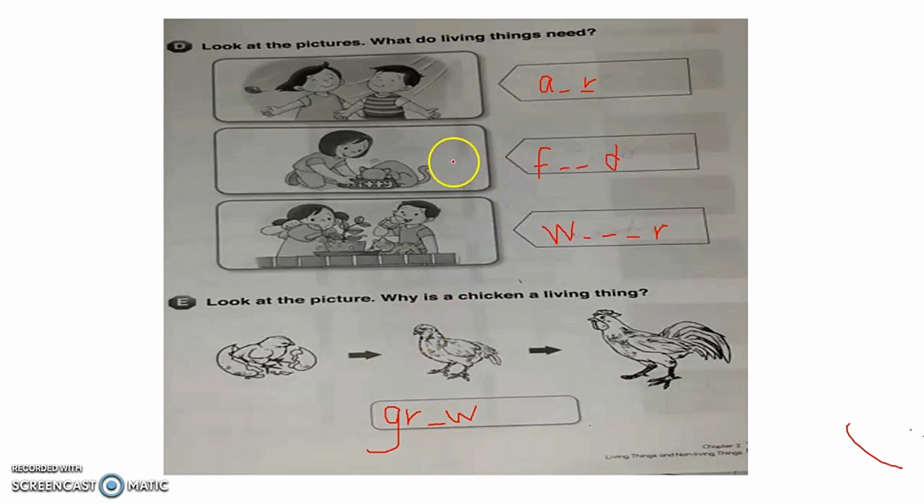You have a hint now? Number 2, 2 blanks. Number 3, 3 blanks. And letter E, one blank.